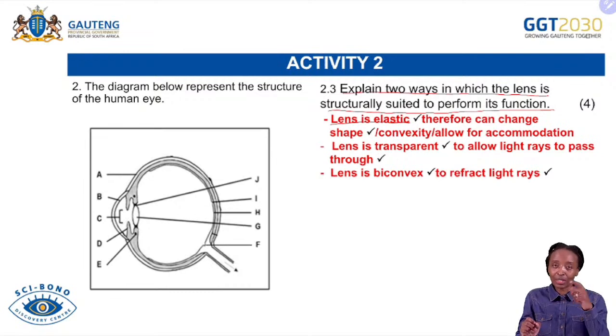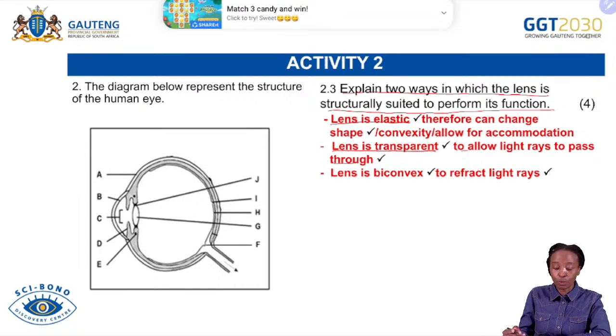Accommodation you will learn about in the next session of today's session. Accommodation is when the lens is able to change its shape so that clear vision is formed. And then 2, the lens is transparent. The fact that it is transparent, it allows the light rays to pass through.